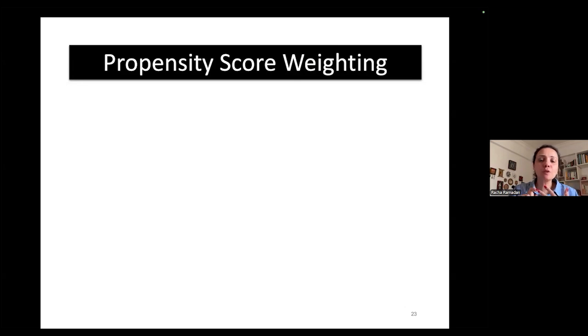Third step, you use these scores to match between treated and counterfactual observations. Then you estimate the average treatment effect by comparing the outcome of interest of your research question with the outcome of interest of your matched observations. Okay.